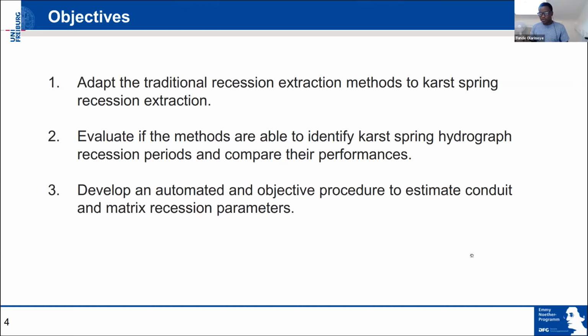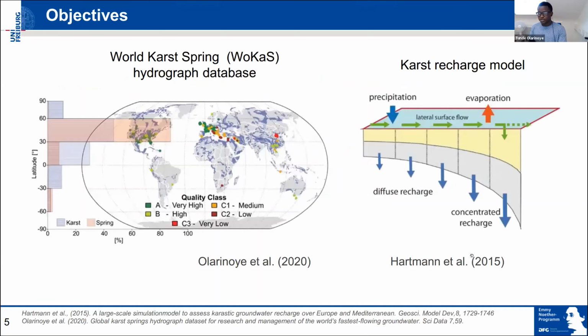And at the end, we want to develop an automated objective procedure that could estimate karst conduit and matrix recession parameters. And if we have this kind of procedure, that means we can apply it to a large data set like we have in the WoKaS database, and we can have an estimation of global recession parameters in different regions or at different scales.